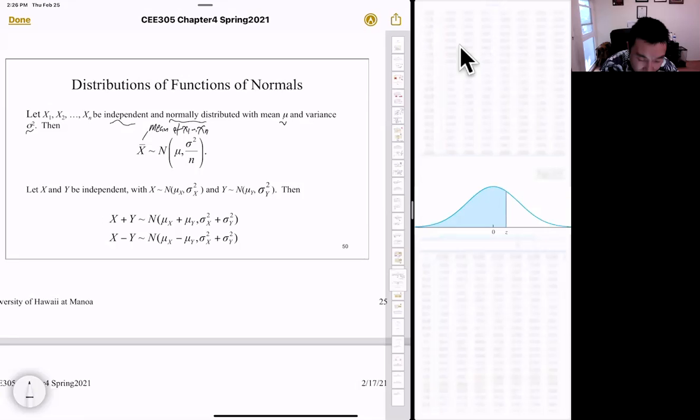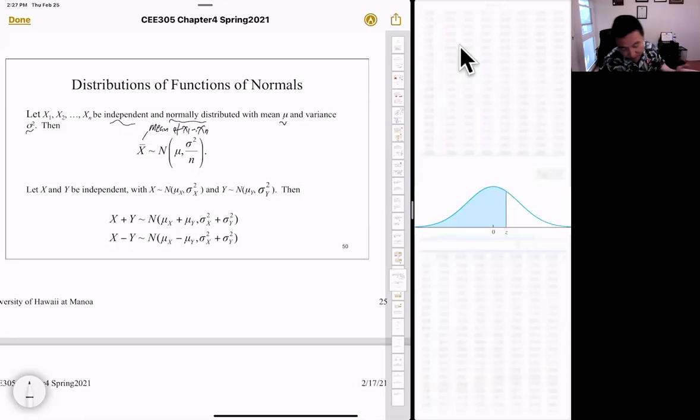Mu doesn't change. The variance becomes sigma squared over n. So again, if we increase the sample size n, the variance will become smaller, but the mean value does not change.